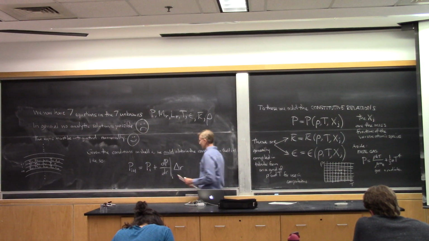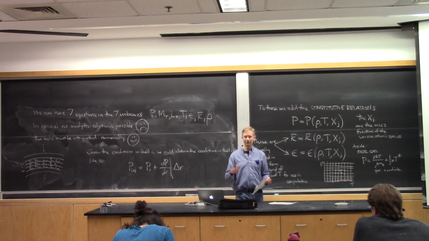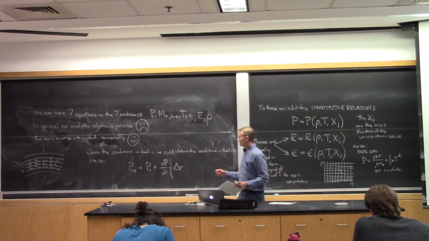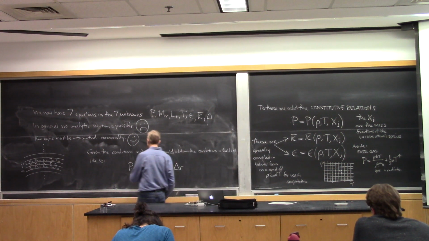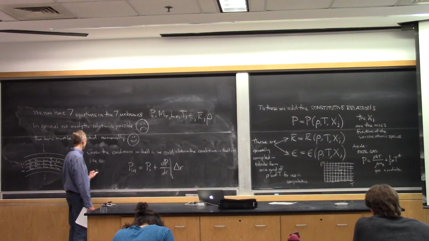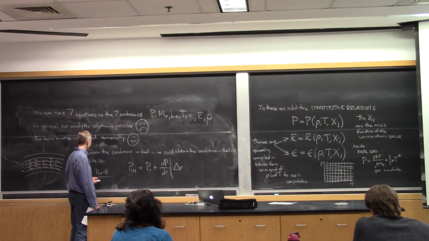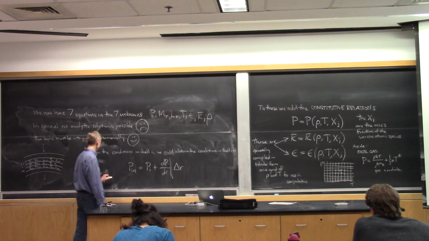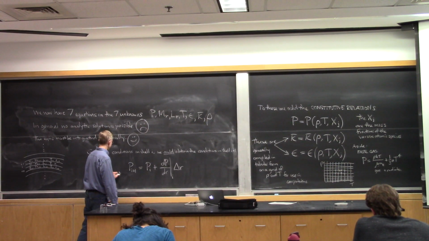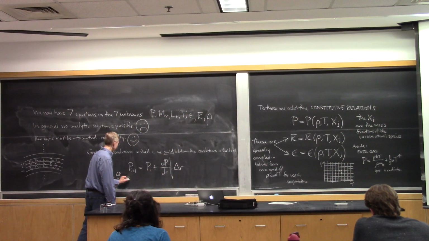So this was the simple Euler approximation. We were going over that last semester, right? Why is this true? Well, if you subtract, this is saying that P sub i+1 minus P sub i over delta r is the change in P divided by the change in r, which is approximately dP/dr.